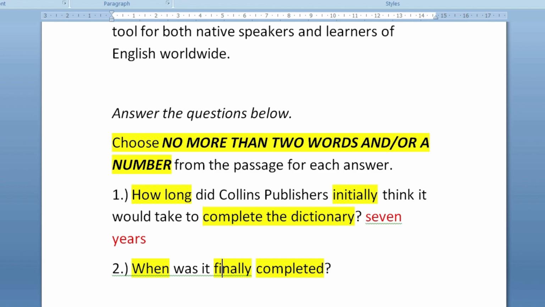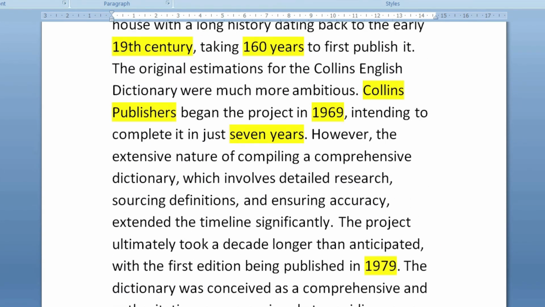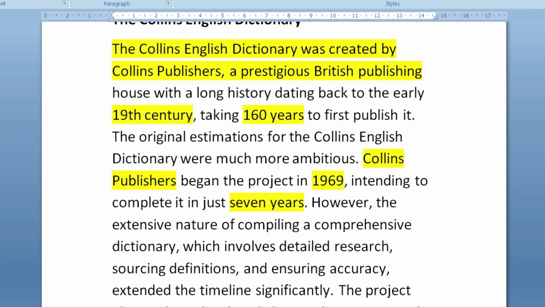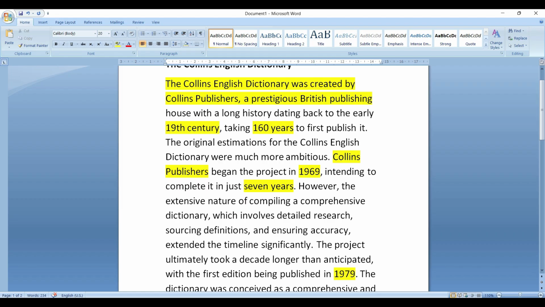When was it finally completed? Let's move on. Since, as I told you, it follows the order of the text, we will follow a little bit from where we left off. So, intending to complete it in just 7 years. However, the extensive nature of compiling a comprehensive dictionary, which involves detailed research, sourcing definitions, and ensuring accuracy, extended the timeline significantly.